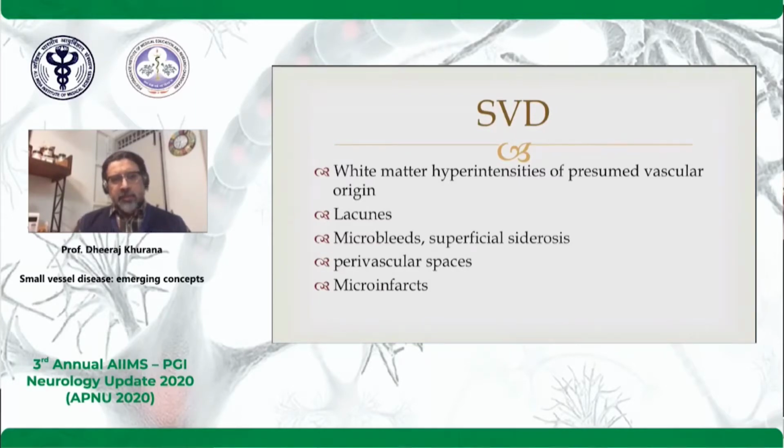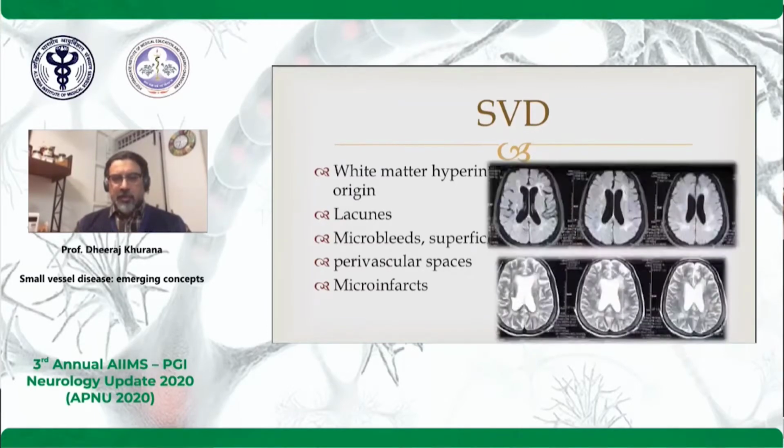And they are of presumed vascular origin, and they manifest themselves as either lacunes, which are small lesions less than 1.5 centimeters in size, microbleeds with superficial siderosis. Now, perivascular spaces too are part of small vessel disease, which I'll show in the subsequent slides. Small infarcts too.